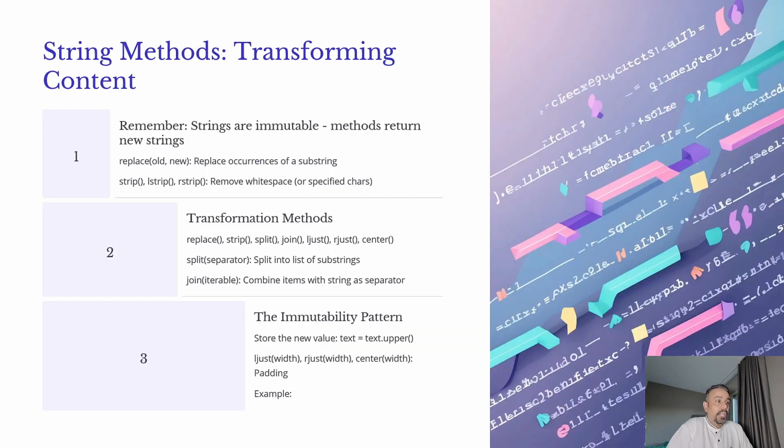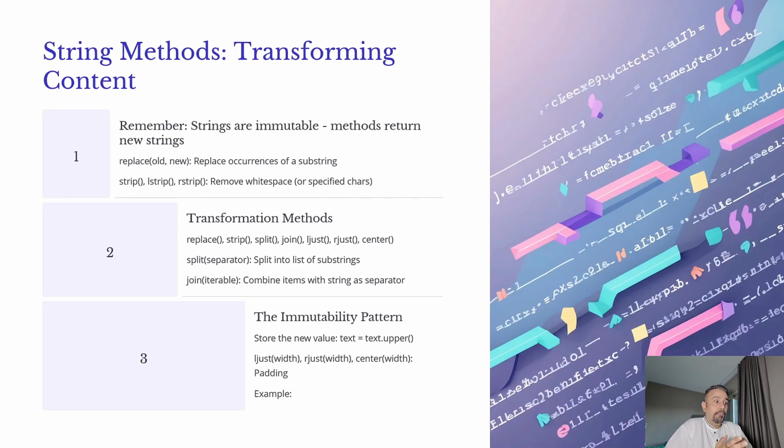When you use replace old, new, it replaces all the occurrences of a substring, which is useful for cleaning or standardizing text. When you use strip, lstrip, rstrip, it removes the white spaces from both ends of the string value you have saved, from the left side and the right side, which is essential for cleaning inputs or parsed data.